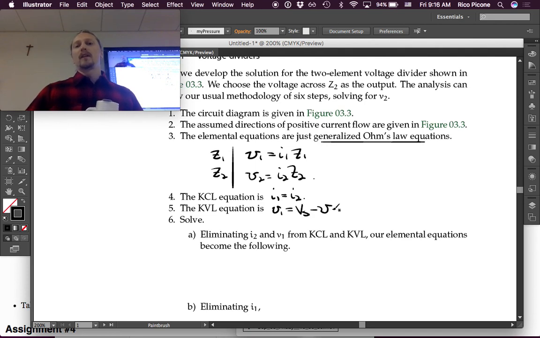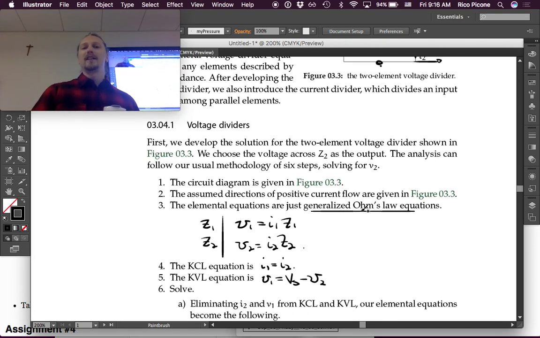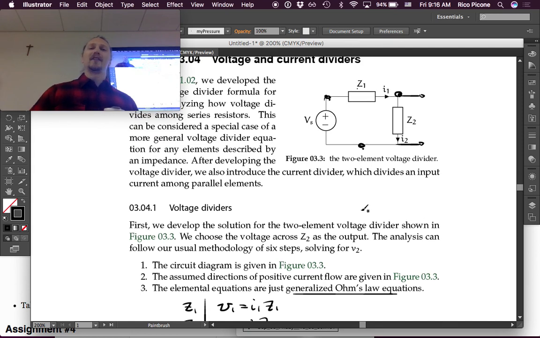If you ever get confused as you're going around that loop about what the sign is, just start somewhere and go around. Drops are positive, so V1 plus V2, and then this isn't a drop, this is a gain because I'm going this way across it, so minus Vs equals 0.